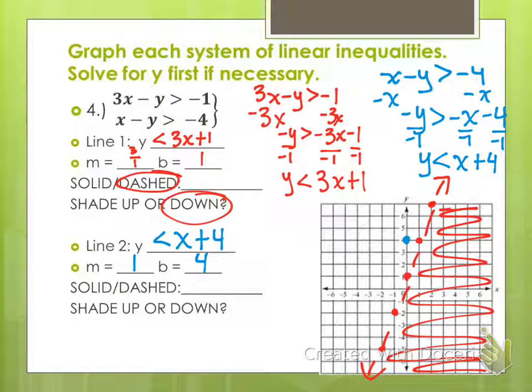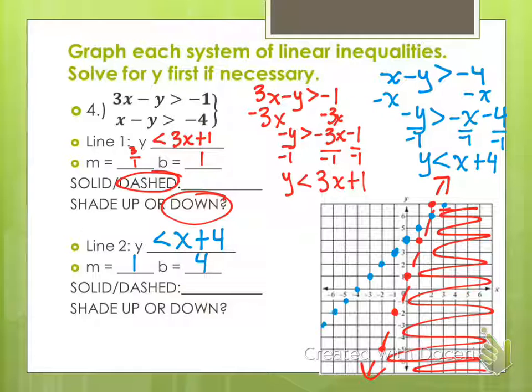We have to then use our slope to get more points. Our slope is a +1, so we go up 1, right 1, up 1, right 1, up 1, right 1, or down and to the left. Lots of points for that line.